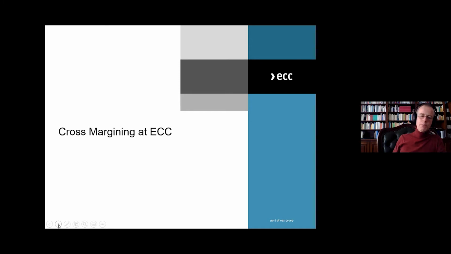Then I will explain the cross-margining, especially in comparison with netting. I have to provide some details. Also one formula, sorry for that, I'm a physicist, but I like formulas. I think that is really important to understand. I'll give you a sample calculation just to show how the cross-margining works. Okay, next slide, please.